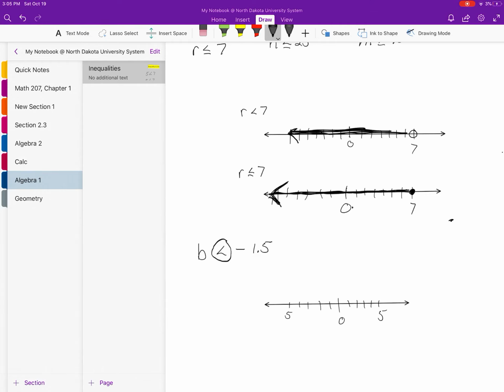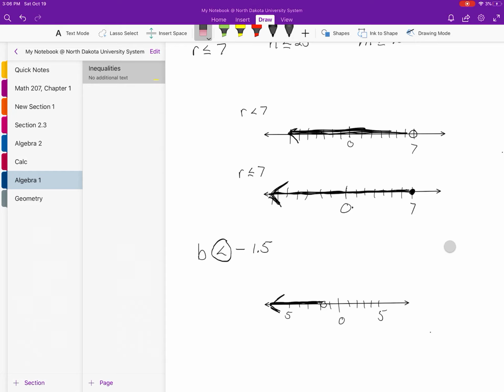So negative 1.5, we're going to go to the left. There's 1, there's 2, so we're going to be between 1 and 2. So here's negative 1.5, only we're not going to include that point. I'm going to say open circle and everything less than that.